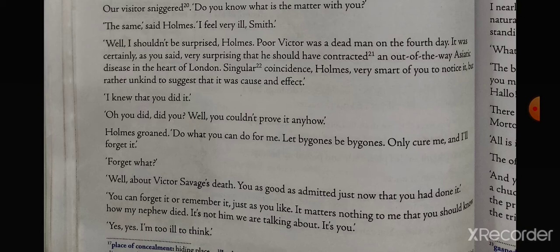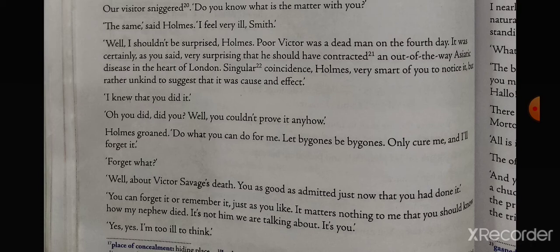You as good as admitted just now that you had done it. And since Mr. Smith confessed that he has done it, Sherlock Holmes said that he is going to forget about it, that because of you, Victor has died.